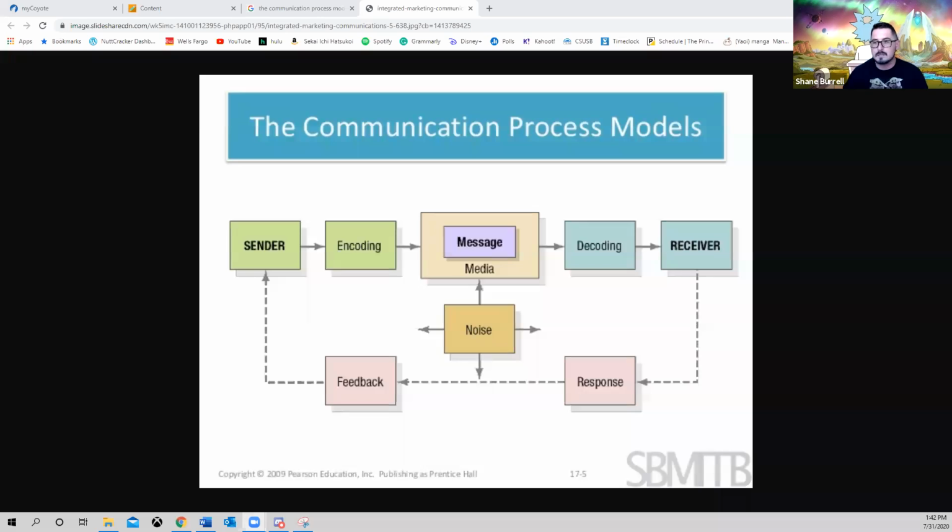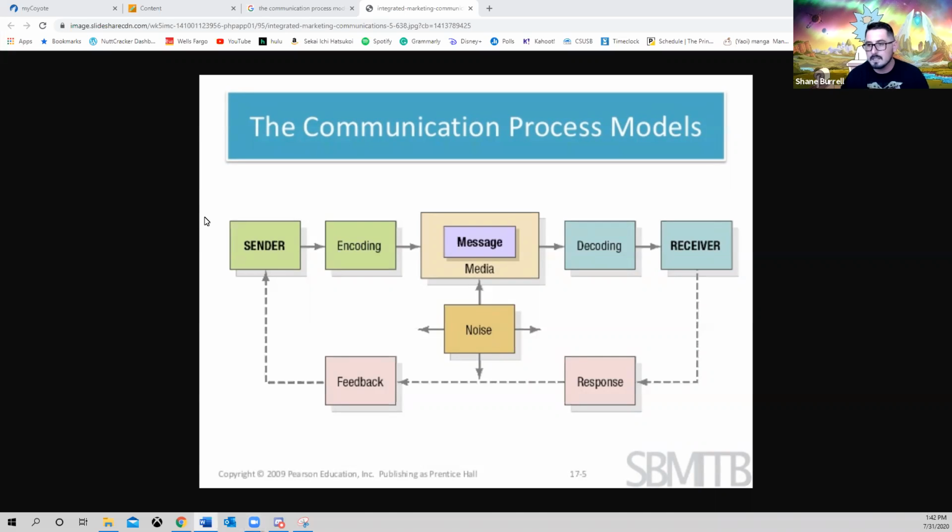Firstly, we're going to define a couple of things, and I'm going to share my screen so that I can show you what they are. First, we're going to define what it is to be a speaker or a sender. It says sender here, but I want you to refer to it as speaker.